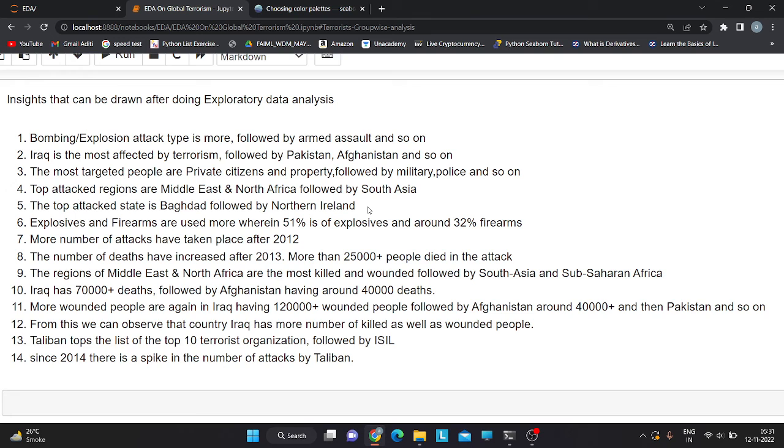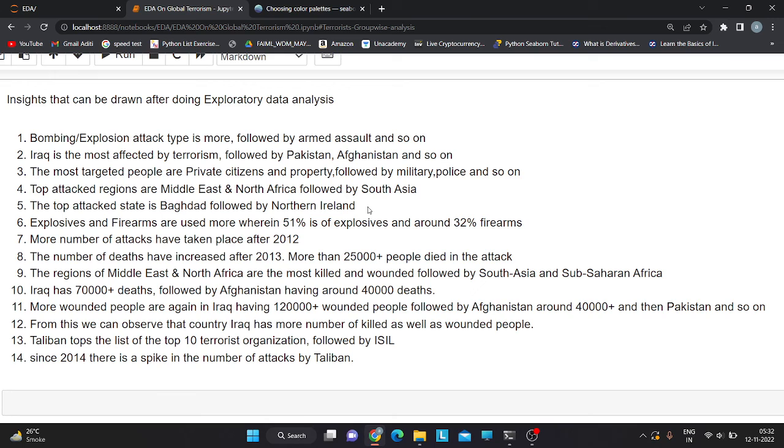Then more attacks have taken place after 2012, that is what we have observed, and also there is a spike in the number of attacks country wise and region wise after 2014, and the most attacks have taken place in 2014.